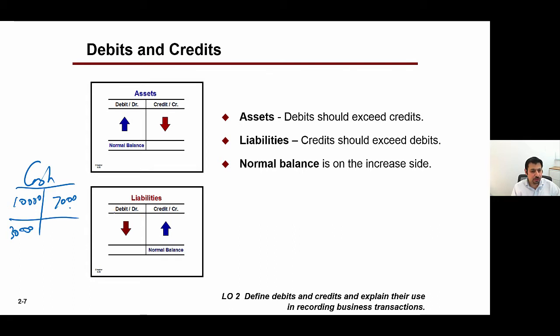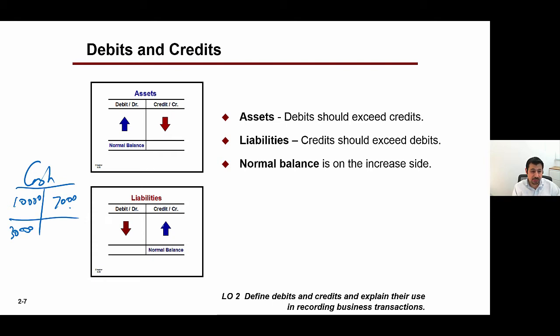Liabilities are the other way around. For liabilities, they should have more credits than debits. And in this case, the normal balance is on the credit side, which is the increase side.